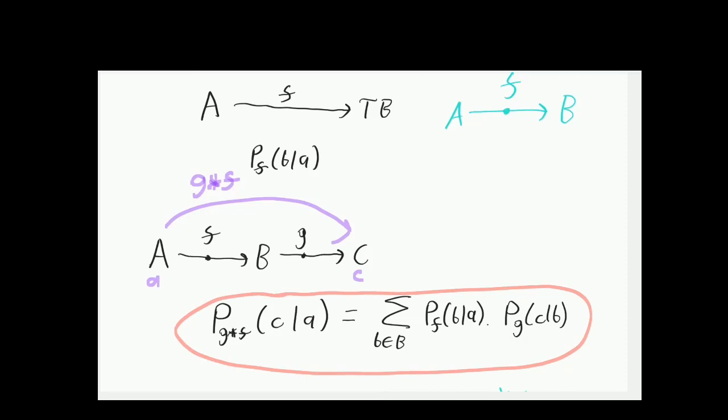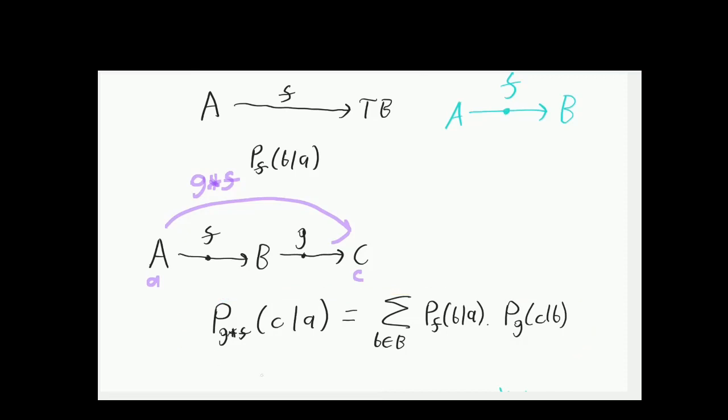But to think of it more explicitly, what this formula is saying is that under the composition of the stochastic maps G and F, the probability that we get an output of little c when the input is little a can be obtained by adding over all of the possible intermediary values little b of the probability of getting b given a using F, times the probability that that intermediate value b yields little c under the stochastic map G. So it's quite self-explanatory, really.